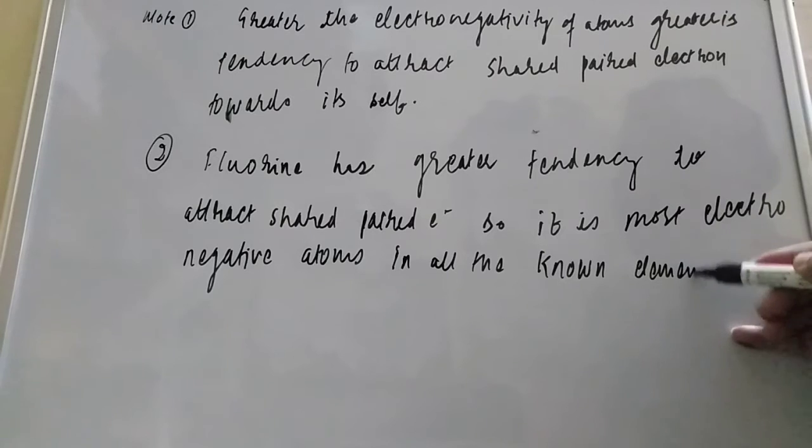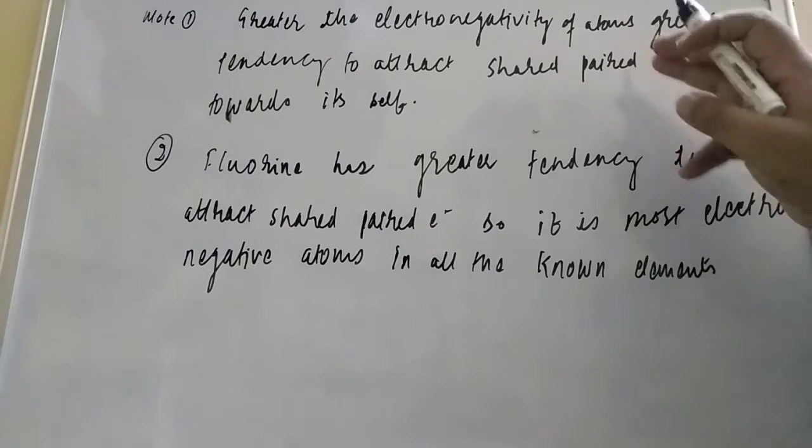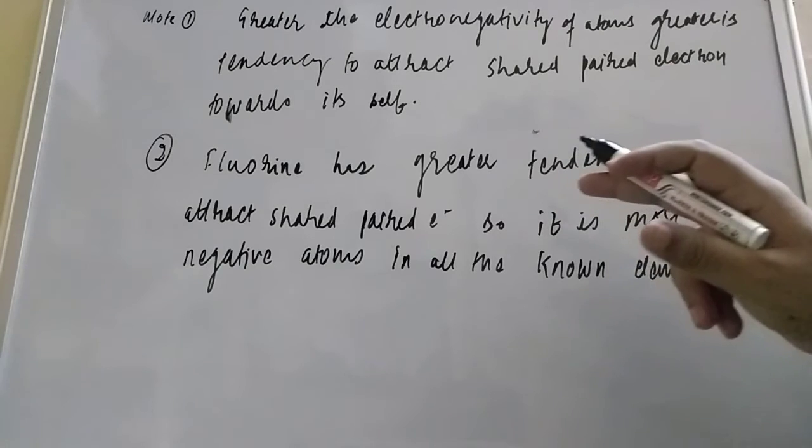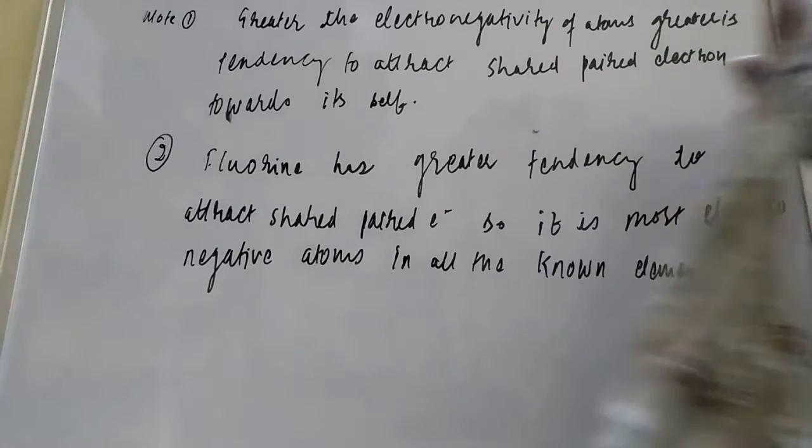So, dear friend, the greater the electronegativity, the greater is the tendency to attract the shared pair electron, and fluorine has the greatest tendency, so it is the most electronegative atom of all the known elements.